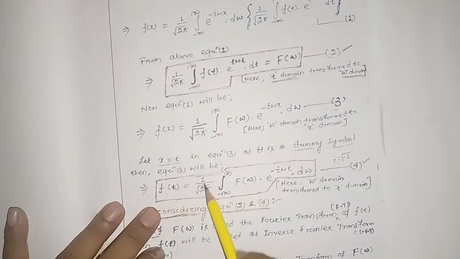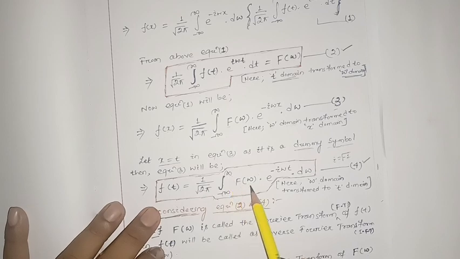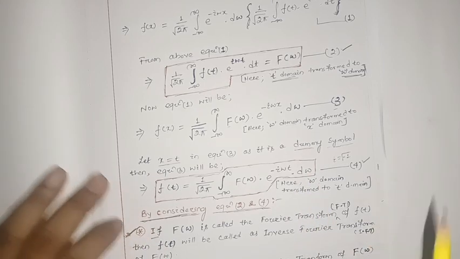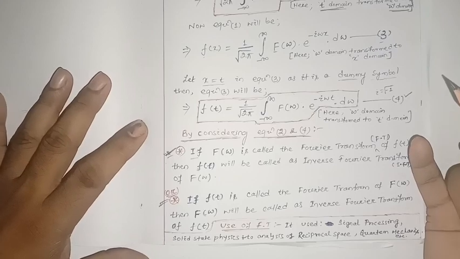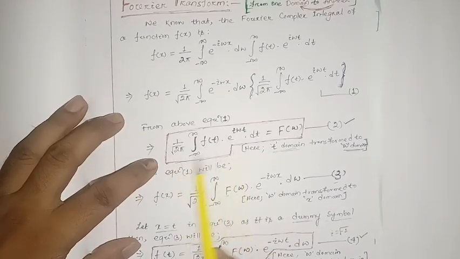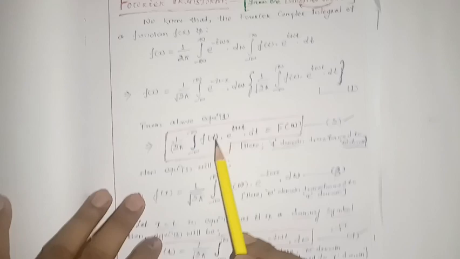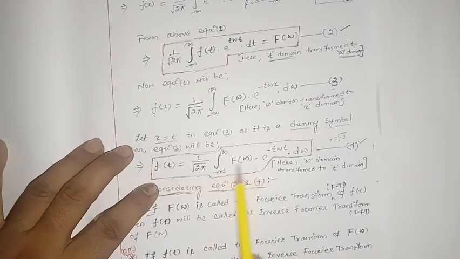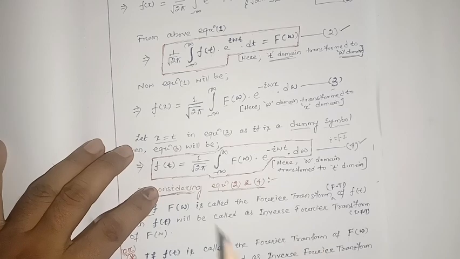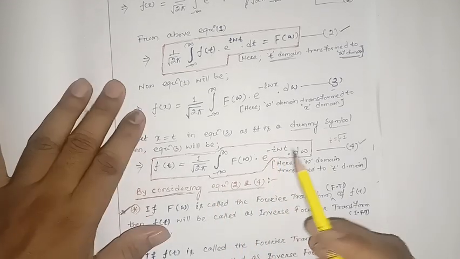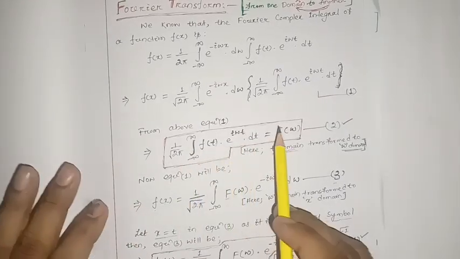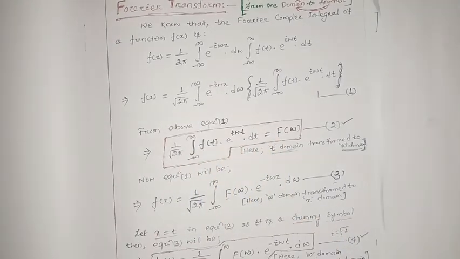So small f of t will be 1 by 2 pi integral from minus infinity to plus infinity of capital F of omega e to the minus iota omega t into d omega. Okay, so for our forthcoming discussions, when we are going to discuss the numericals upon this, I consider that this integral is the Fourier transform of this one, and this integral is the inverse Fourier transform of this one. So whenever we consider inverse, we consider minus. When we consider straightforwardly the Fourier transform of a function, we consider the plus.